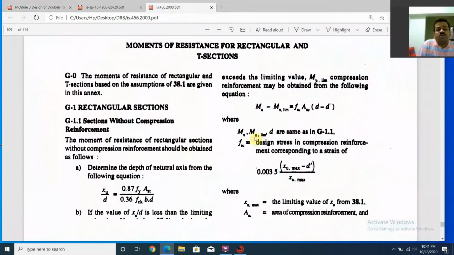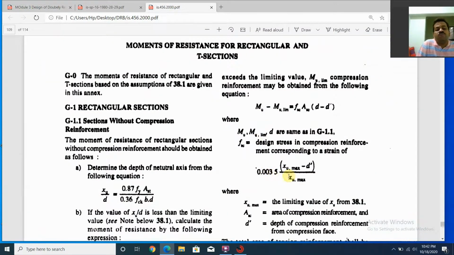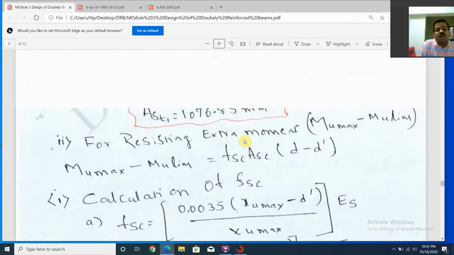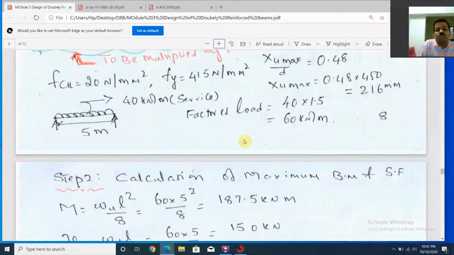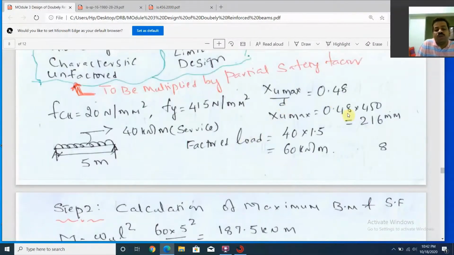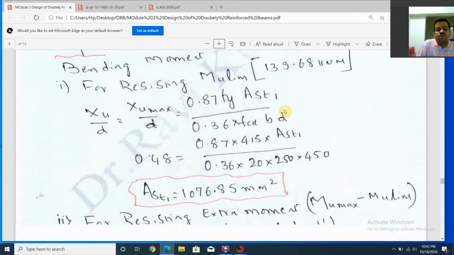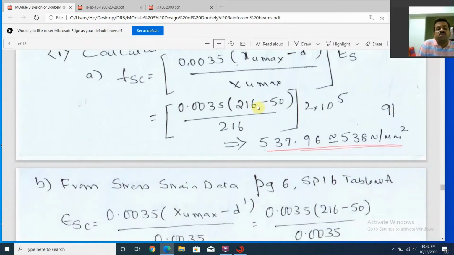Already I told you on page 96 the formula: 0.0035 times (Xu max minus d dash) by Xu max. I substitute the value of Xu max as 216, which we calculated in the first step: Xu max by d is 0.48, so Xu max is 0.48 into 450, which is 216 mm. That is substituted here: 216 minus 50 by 216, into 2 into 10 raised to 5. So I will get 537.96, which I rounded to 538.